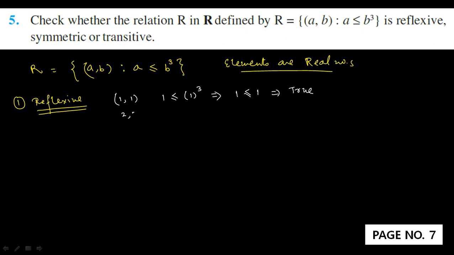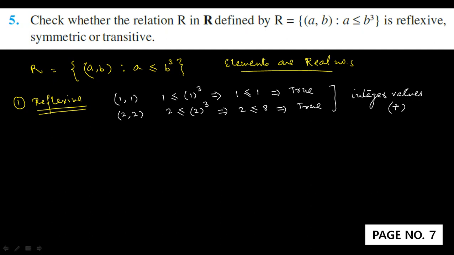If I am writing 2 comma 2, 2 less than equal to 2 cube, what next? 2 less than equal to 8, and this one is again true. Now the condition is true for integer values which are positive. What about the negative values?